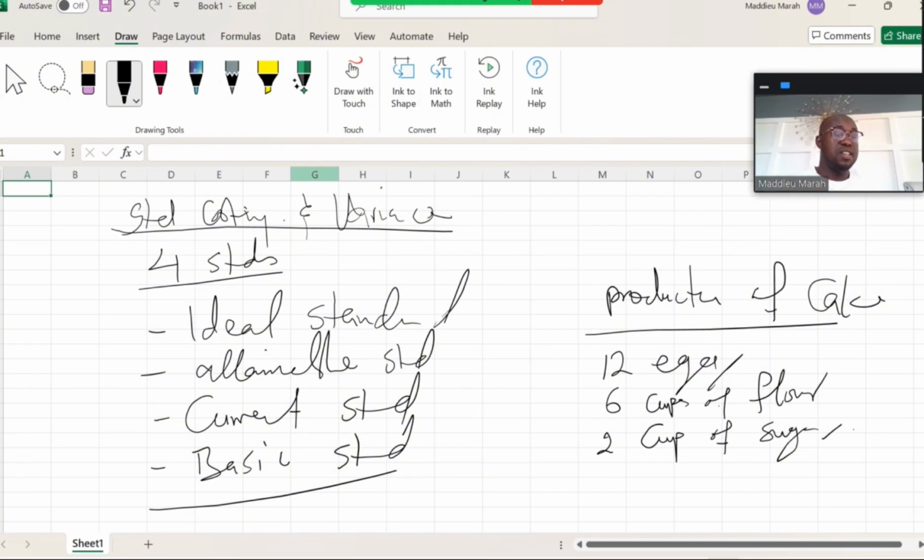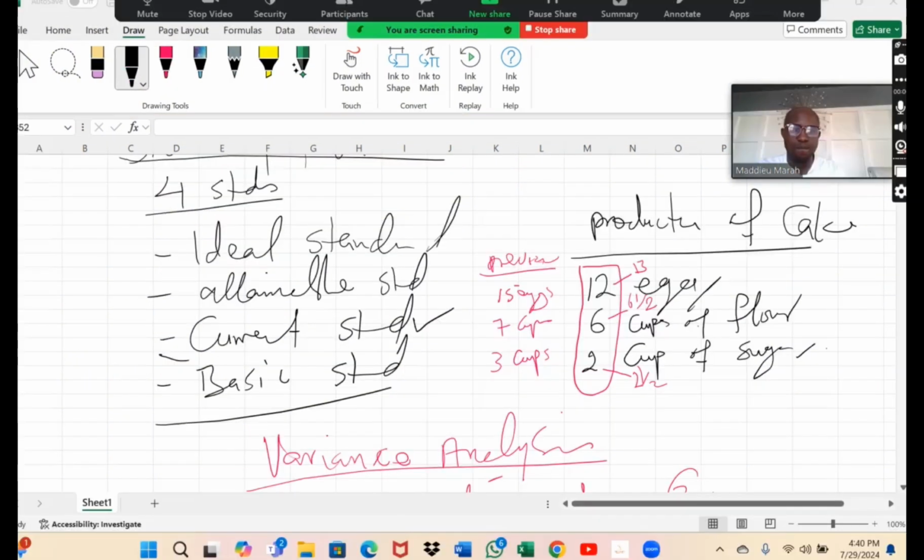What if we have been doing the same cake? Last year, we did the same cake, but let's go to the previous. We did this, but we provided at the time 15 eggs instead of 12, 7 cups of flour instead of 6, and 3 cups of sugar instead of 2 cups.